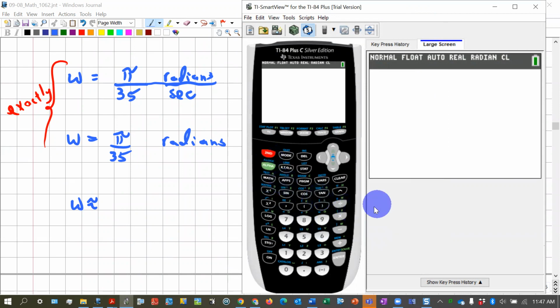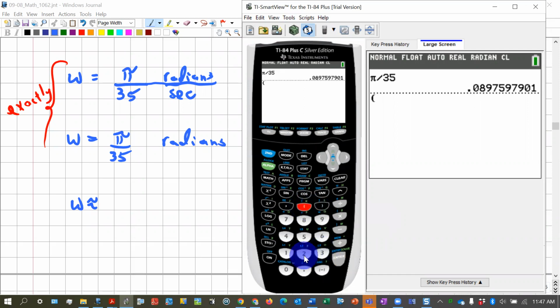So we can either type pi divided by 35, or we can type 2 pi divided by 70. Whenever you have an operation inside a fraction, it's always best, particularly when you're in classic mode, if you tell the calculator exactly what the numerator is and what the denominator is.